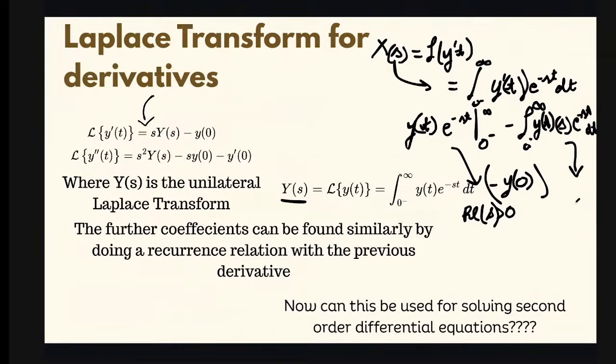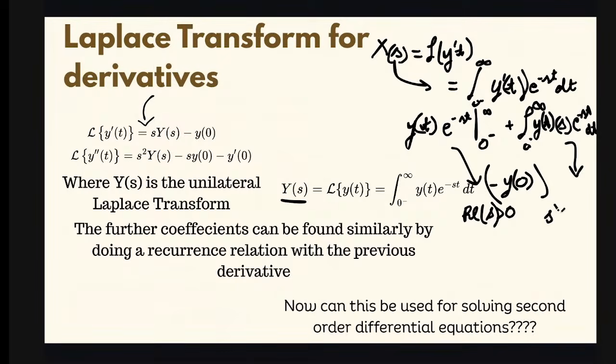Now, what about this part? Here, as I mentioned earlier, s effectively is a constant in this integral. All right. So I can just take the s out. And if I just take the s out, it's just integral y of t e power minus st. So it's just the Laplace transform of, okay, my bad. Yeah, this should be plus. And yeah, so it's just the Laplace transform of what? Y of t, right?